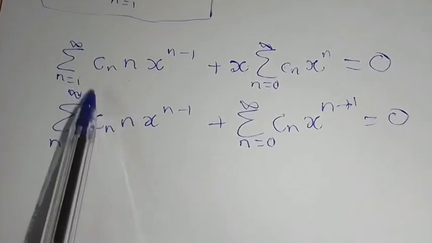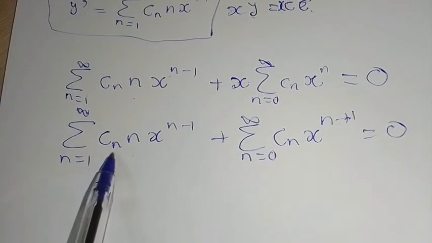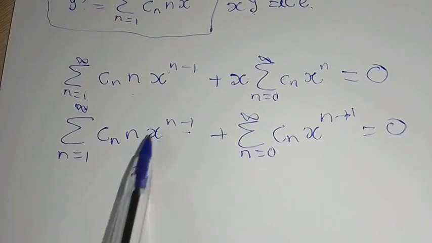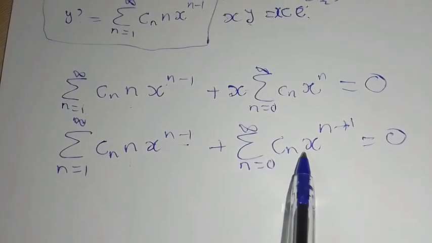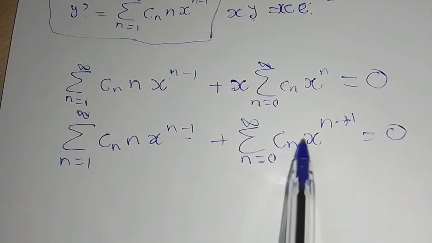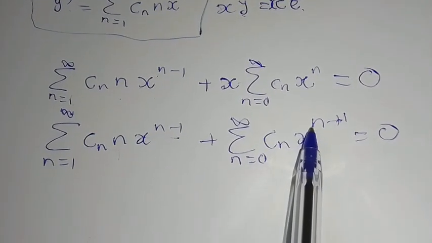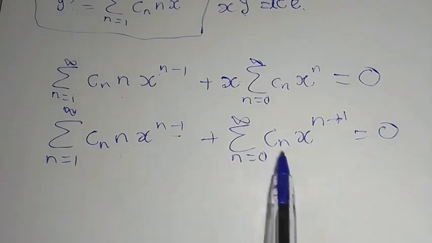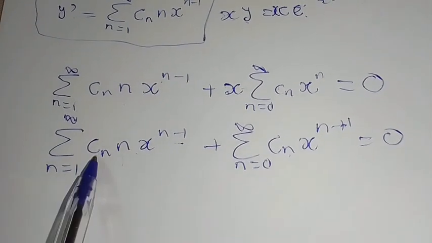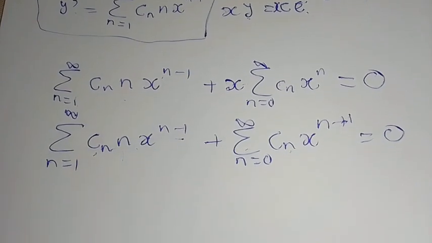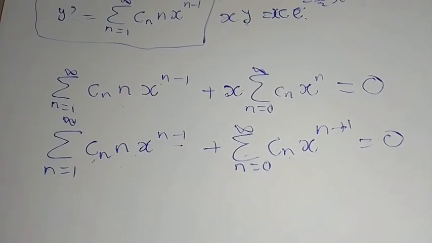Okay, so here, if you plug in 1, you have x to the power of 0. That means the first term contains x to the power of 0. But here, if you plug in 0, you have x to the power of 0 plus 1, which is just x to the power of 1. This one started at x to the power of 0. This one started at x to the power of 1. 1 and 0, which one is larger? 1. So we want both series to have the first term starting at x to the power of 1.